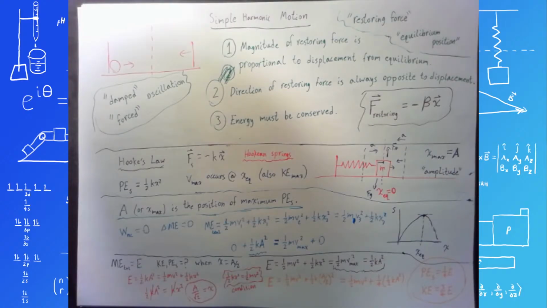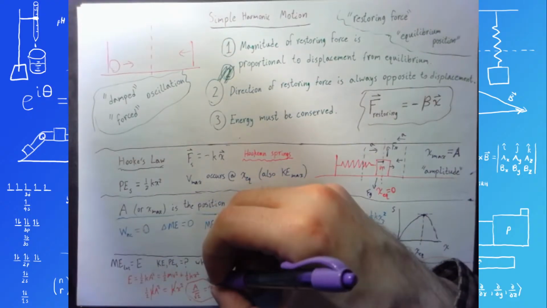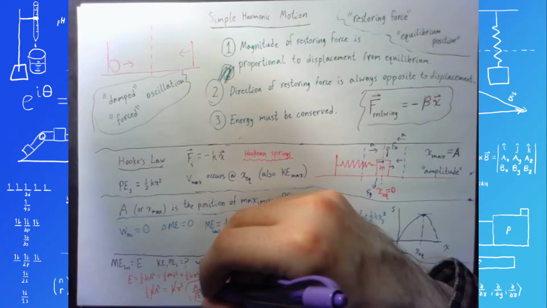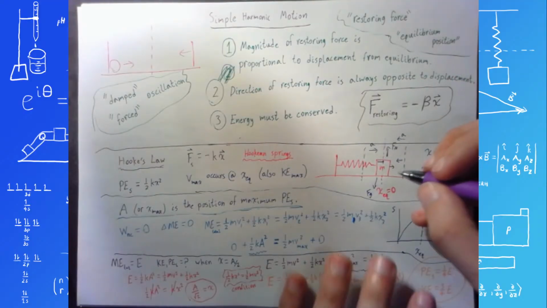Yeah, 0.7071. Which is equal to sine or cosine of 45 degrees. Fun fact for you there. So yeah, 0.7071. So somewhere at about 70% of the amplitude.